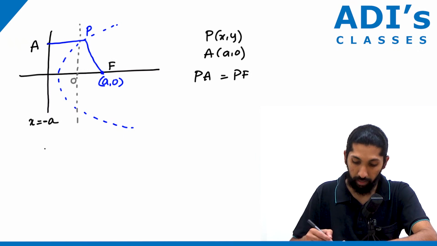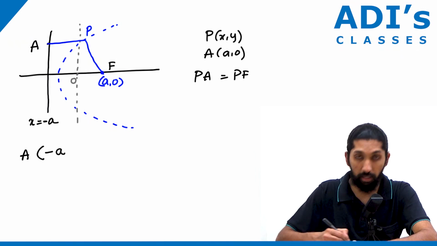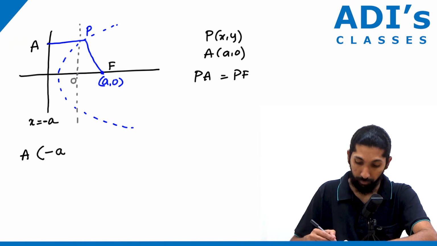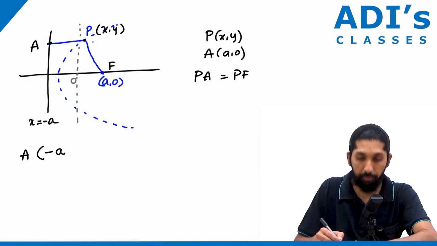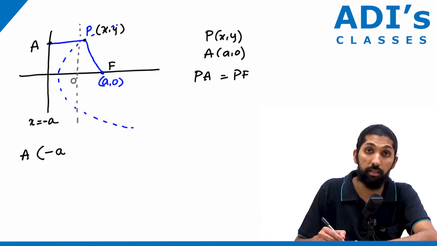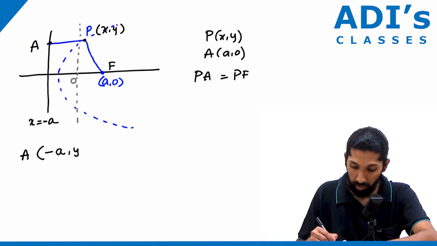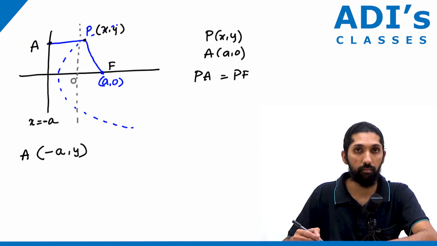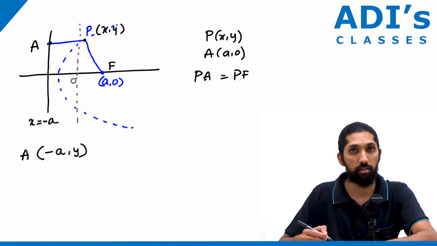See, the coordinates of A are going to become minus a because it's on x is equal to minus a. And P is (x, y), right? That means if PA is a perpendicular line, the y coordinate should be the same. So A is (minus a, y). This is PA, and PF is going to become this.